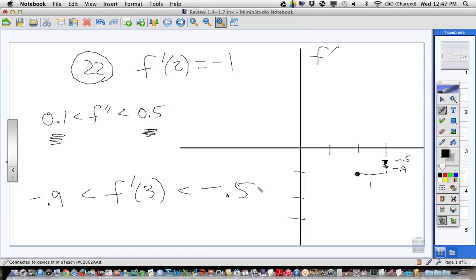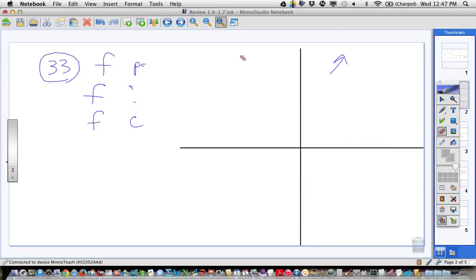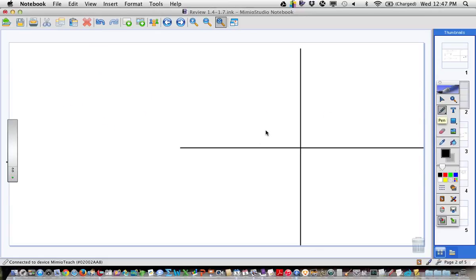All right, now let's look at 21. 21's a little bit different in the sense that it doesn't really even look like a speed limit law. Now let me try to graph this. So 21 is referring to this graph right here, which is G double prime. This graph starts up here, comes down to 1, goes up a little bit, crosses at 3, and comes back down. So this is 3, kind of about 2 is here, 1 is here, that's not bad.